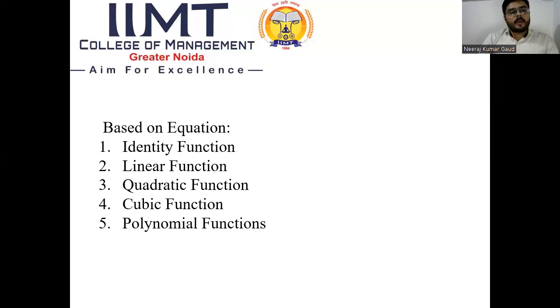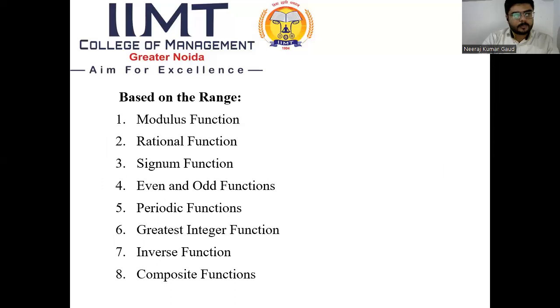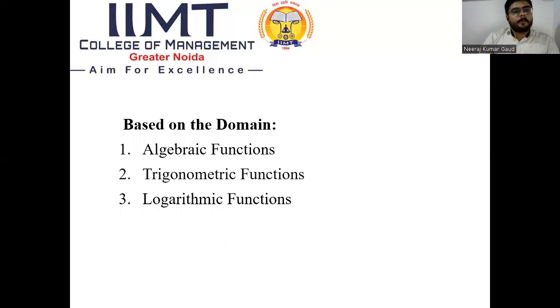Based on equation, we have 5 types of function: identity function, linear function, quadratic function, cubic function, and polynomial function. Based on range, we have 8 types of function: modulus function, rational function, signum function, even and odd function, periodic functions, greatest integer functions, inverse functions, and composite function. Based on domain, we have 3 types of function: algebraic function, trigonometric functions, and logarithmic functions.